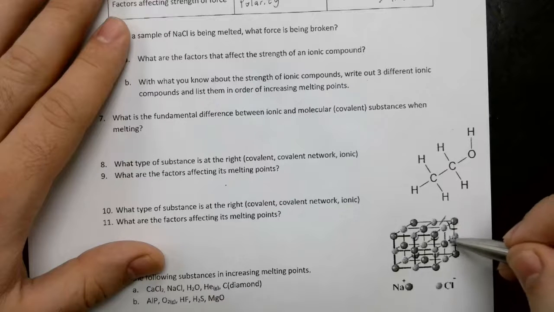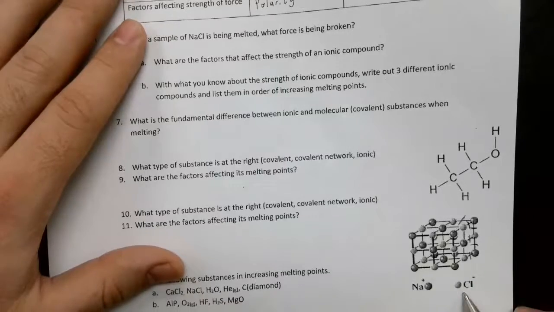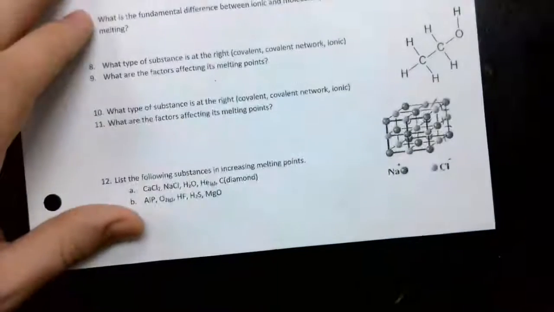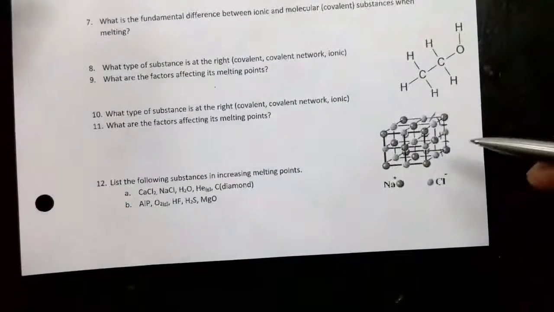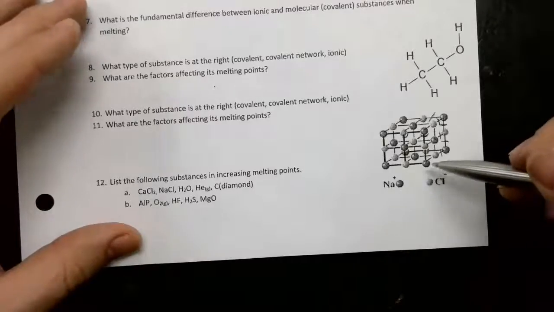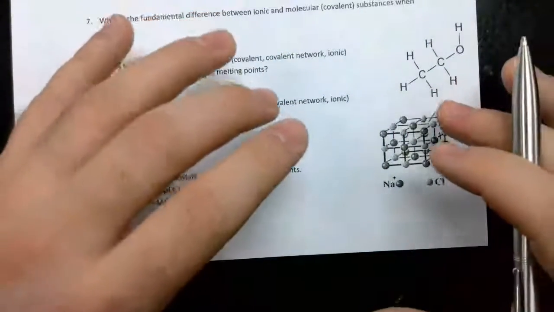As a liquid, the only difference is that these sodiums and chlorines still hang out near each other. They're just able to move around, right? Imagine it's a giant ball pit, a ball pit of molecules. So they're all still sitting near each other, but they're free to move around each other. As a gas, they would all just disperse.